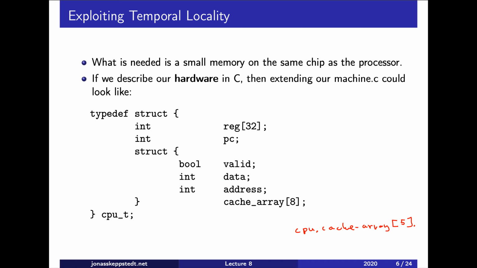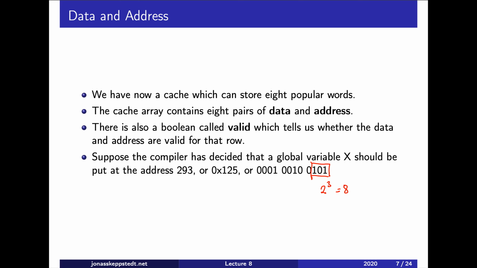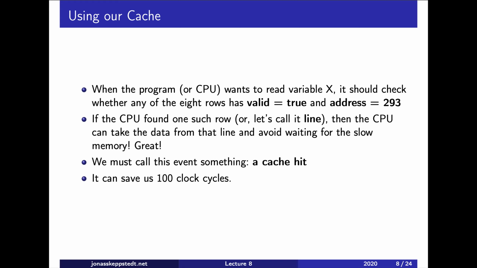In that case, we should also check if valid is true, and then we can get this data. That's the basic idea with cache memories. If we find that they match, then we say that we have a cache hit. If they don't match, then we have a cache miss.